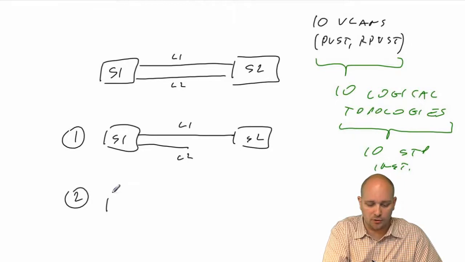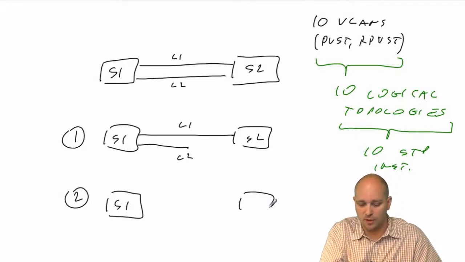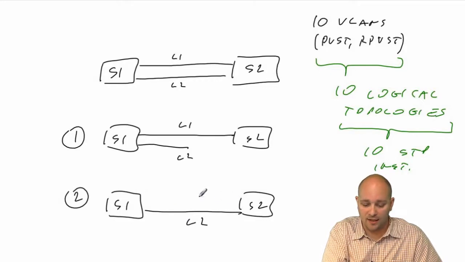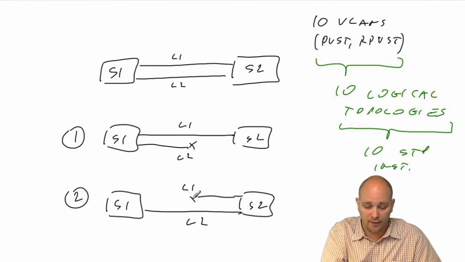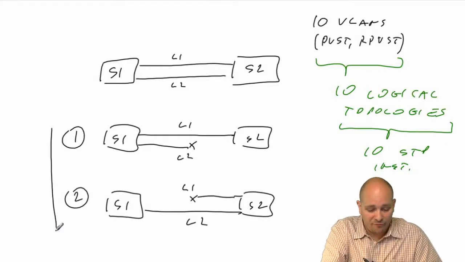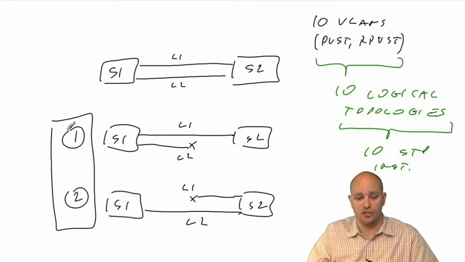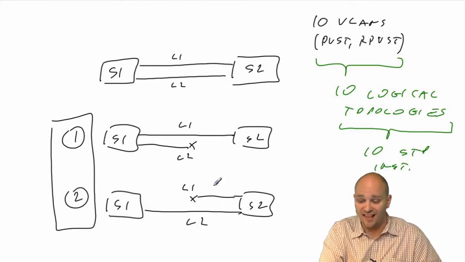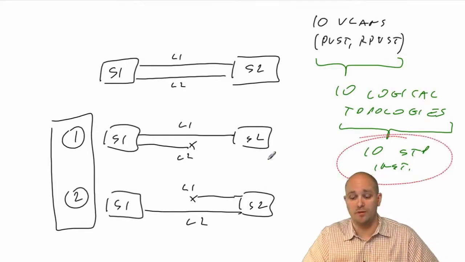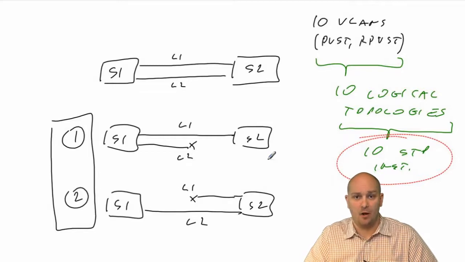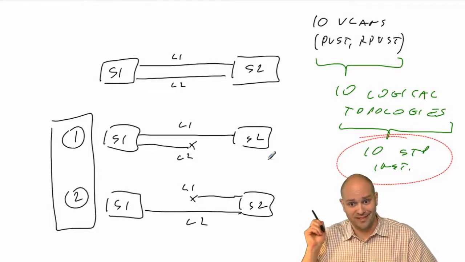Another logical topology is where link 2 is forwarding, and link 1 is blocking. So we have two possible logical topologies, but regardless of that fact, we are still going to be using 10 different instances of spanning tree. Now, if there is an overkill, this is one.